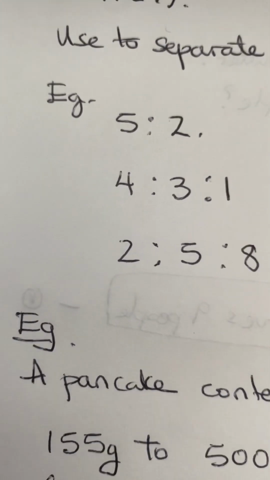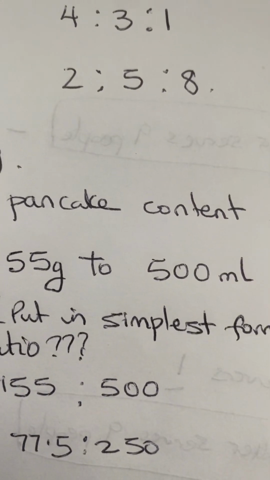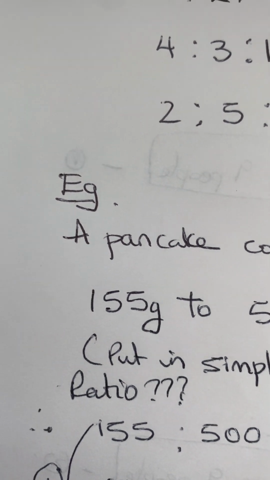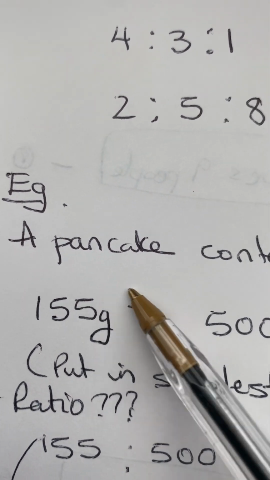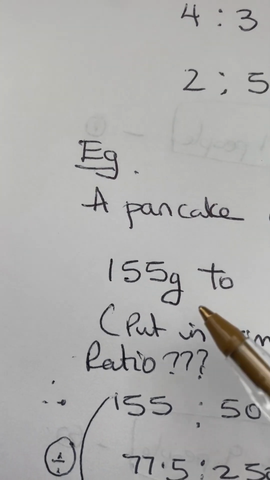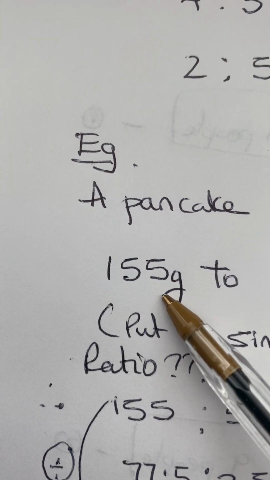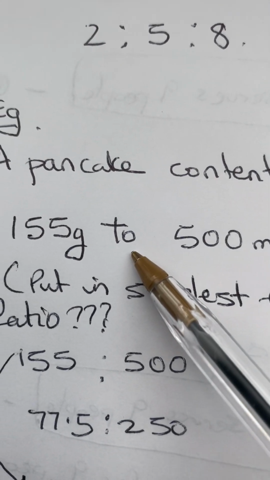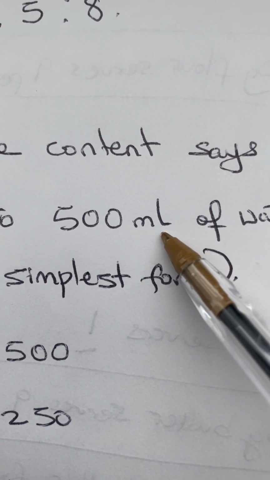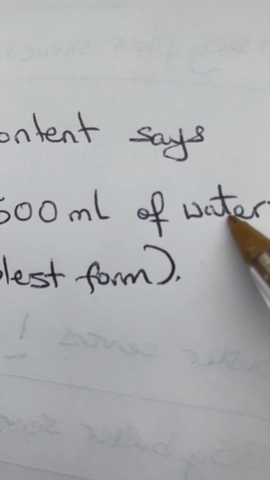Okay, now let's have a quick look at this. A pancake content says you need 155 grams to 500 ml of water.